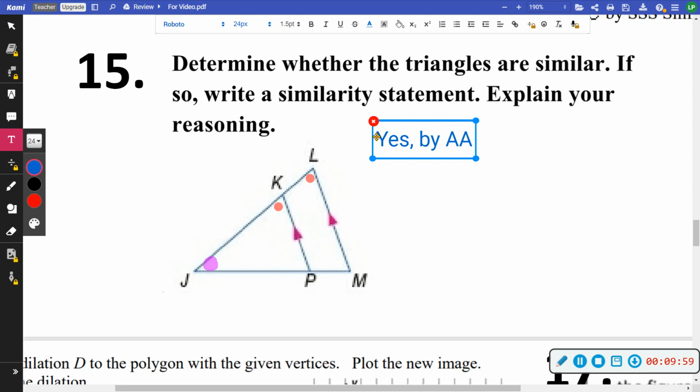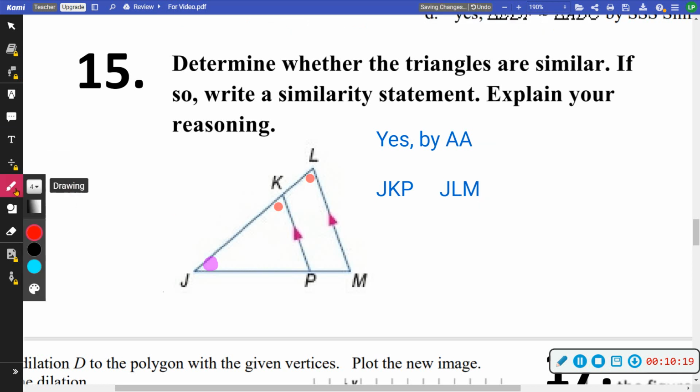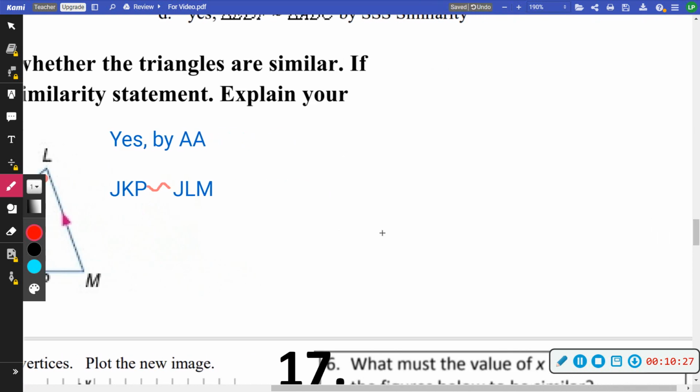I describe that with my colors, and then write a similarity statement. So I would say JKP, and I'll leave a little spot for the similar symbol. JKP is similar to JLM. The little similar symbol looks something like that. Okay, so I finished 15.